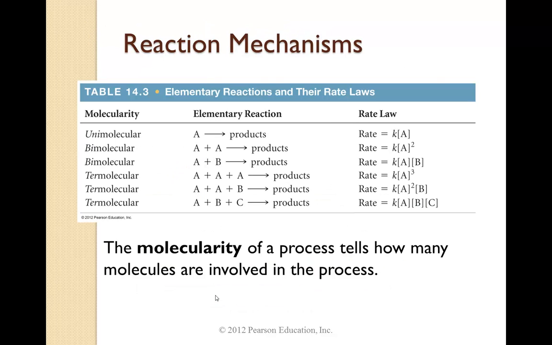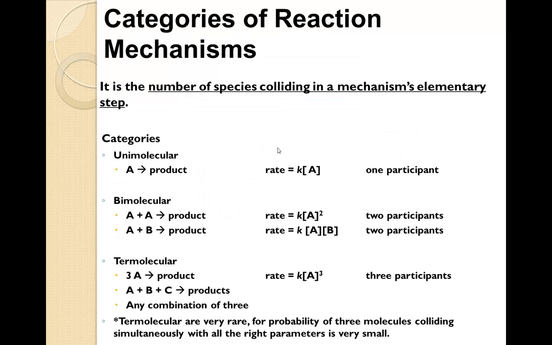The molecularity of a process tells how many molecules are involved in the process. For instance, unimolecular only has one item, whereas bimolecular has two things hitting each other to create the product. They are the number of species colliding in a mechanism's elementary step. So once again, unimolecular only has one thing going to the product.